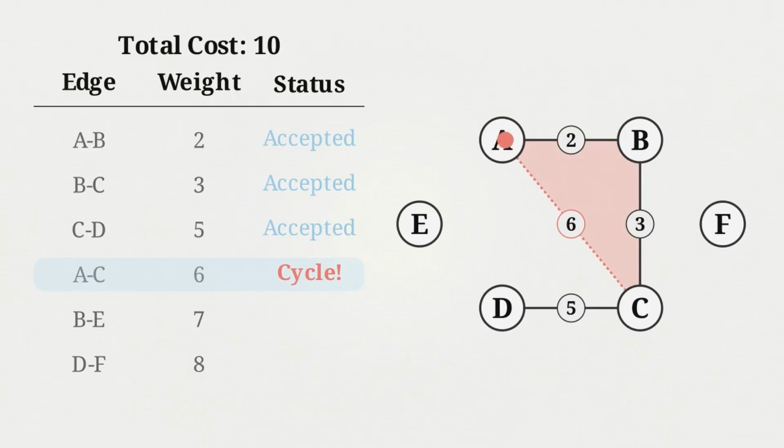It allows you to start at node A, travel through connections B and C, and return right back to where you started. A valid spanning tree cannot contain cycles. Any closed loop represents a redundant alternative path, which means the total cost is no longer at its minimum. The algorithm must reject edge AC, discard it entirely, and move to the next item on the list.